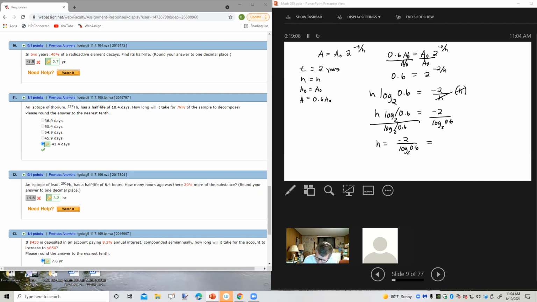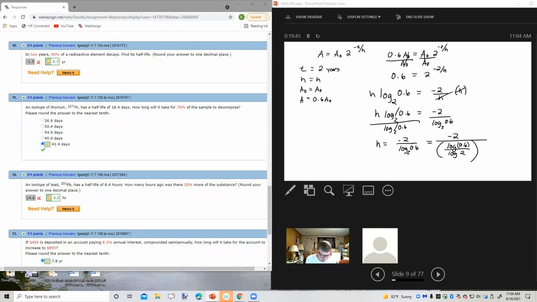I'm going to use the change of base formula. So that becomes negative 2 divided by the quantity log base 10 of 0.6 over log base 10 of 2. Okay. Any questions about any of those steps? So now on my calculator, I'm going to go negative 2 divided by parentheses log of 0.6. I'm going to close the parentheses around the log, around this, I mean. Okay.